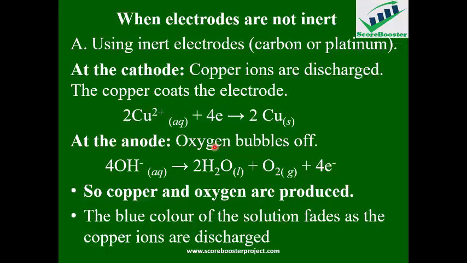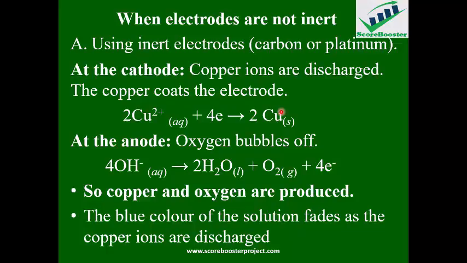What happens? The blue color of the solution fades because the copper ions that are responsible for the blue color have clung onto the surface of the copper electrode. So as the reaction is going on, the amount of copper inside the solution keeps decreasing, so the solution fades.